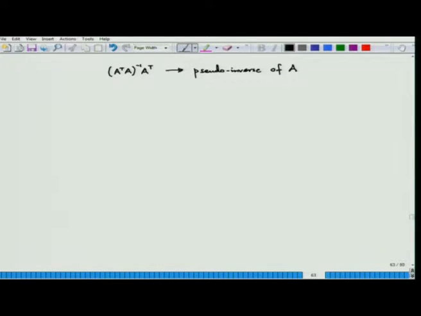Now, what sort of an algorithm would actually work for the least square problem? In general, let me tell you that the least square problem has the following form.